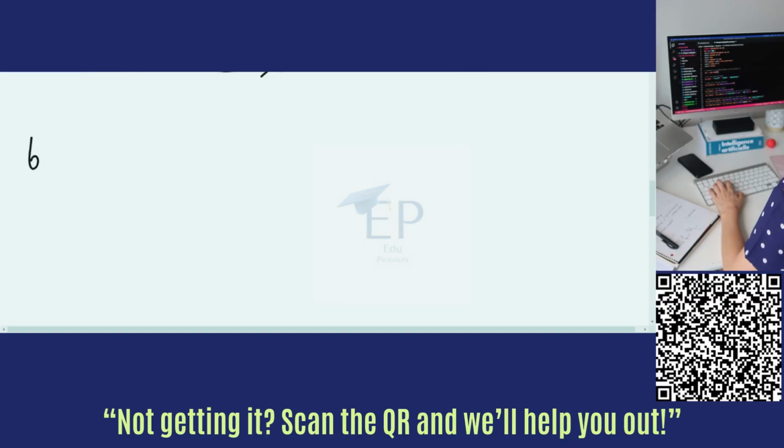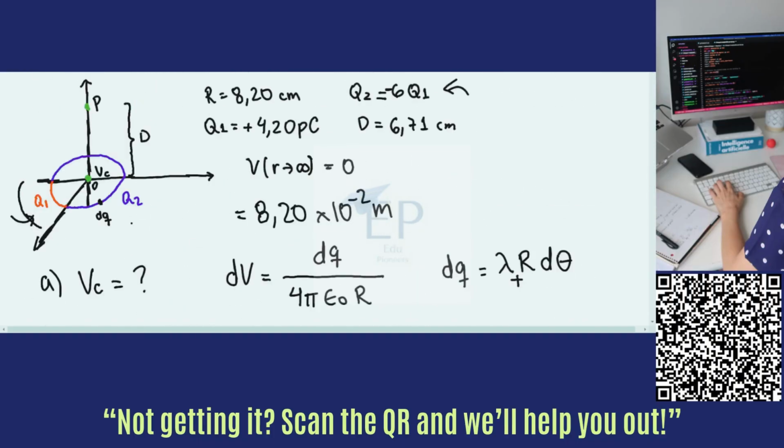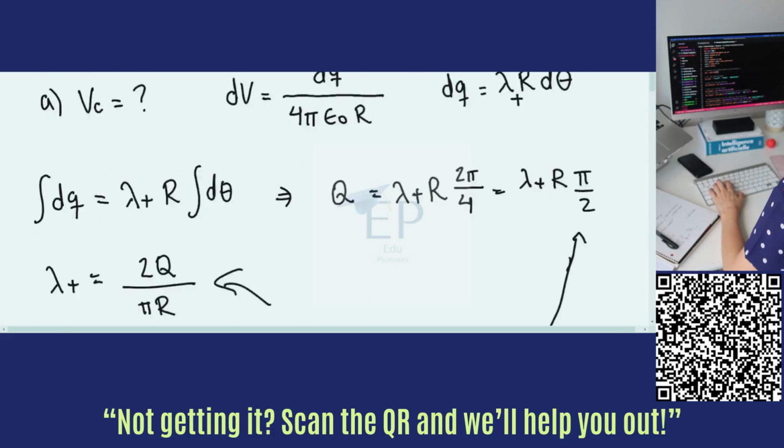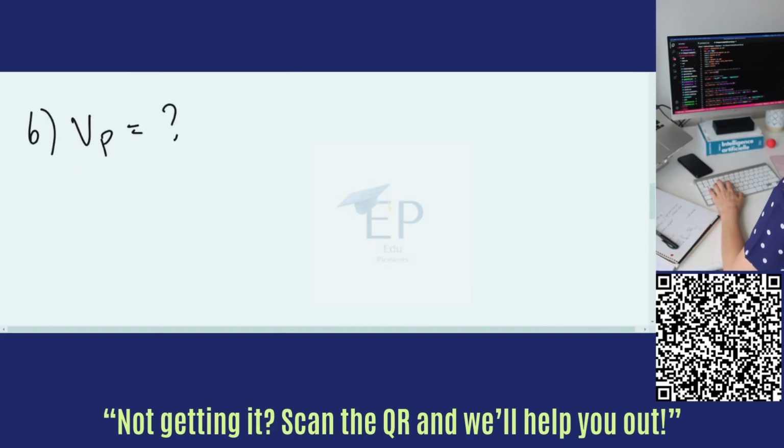And part B of this problem asks for the potential at the point P. We can see in the figure that the point P is on the vertical axis, at a distance of 6.71 centimeters. We can also transform this into meters. So it is this value. The only thing that changes is the distance of every differential charge to that point.